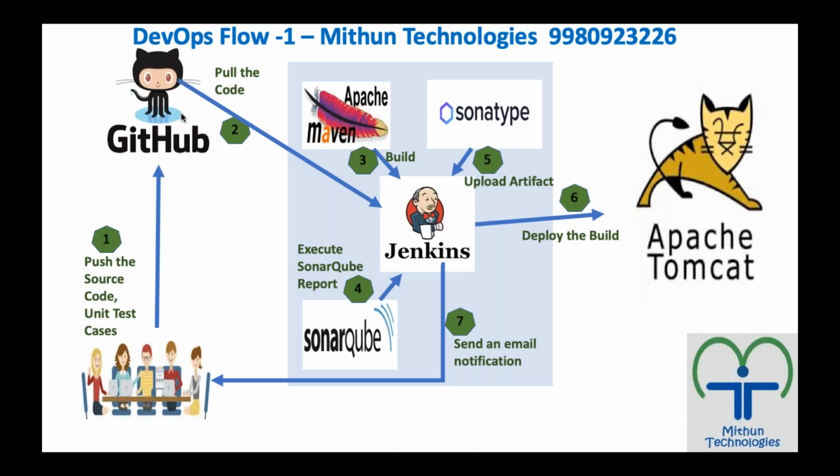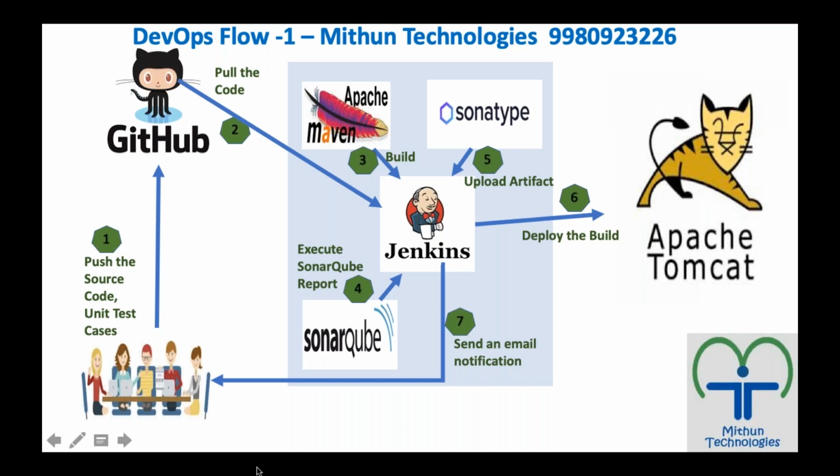Later, I told him to work with the admin team, get the admin access so that he can disable Poll SCM and enable the GitHub webhook. So GitHub webhook is the best practice. You can use that one. Clear?